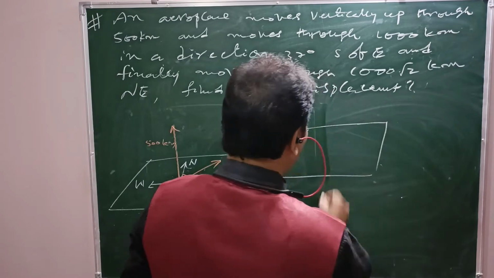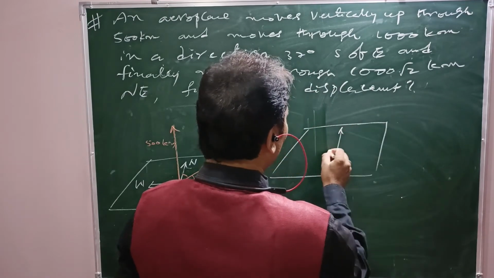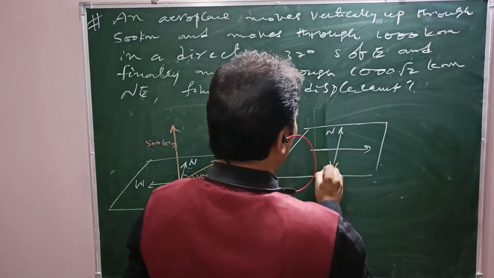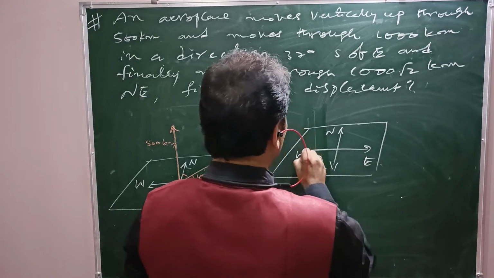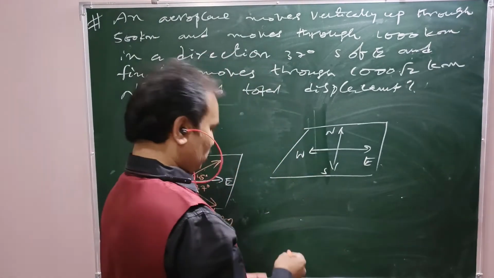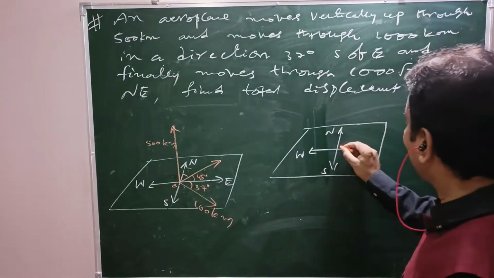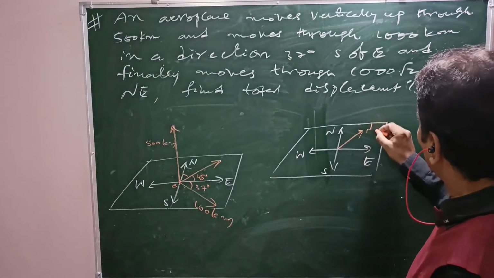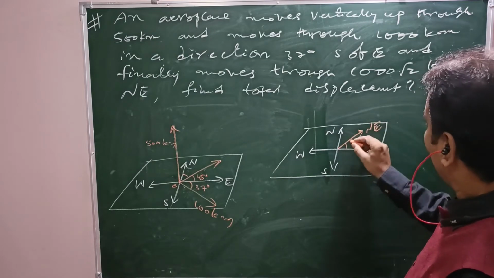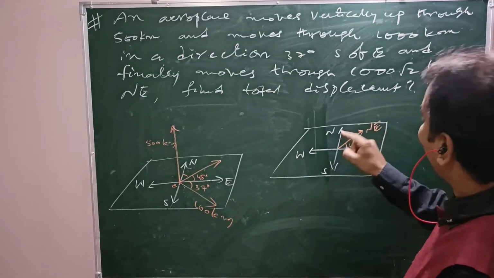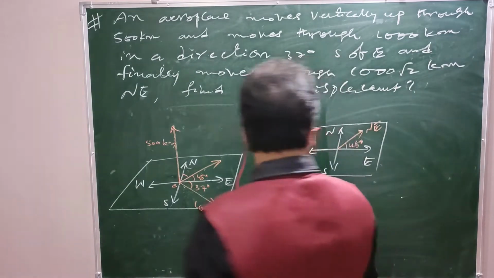I am writing the directions: north, south, east, west. Northeast means midway between north and east. So this is northeast. Bisecting means 45, 45, dividing into equal halves.